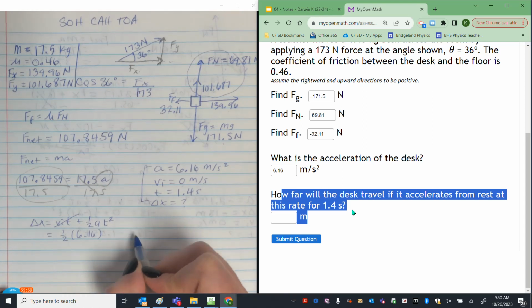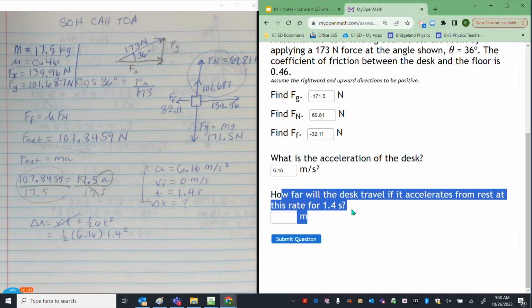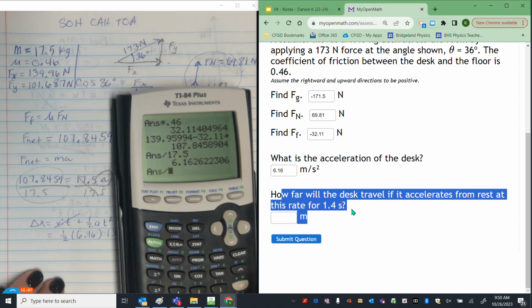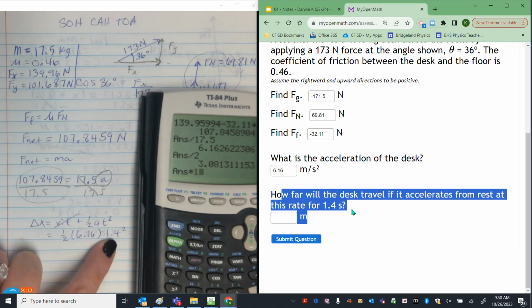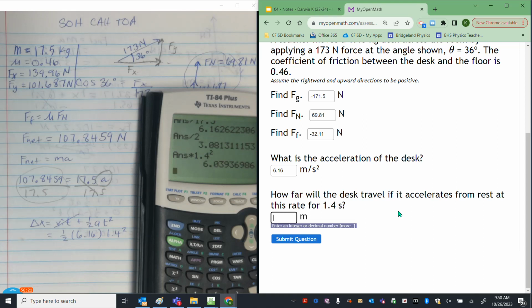That was in the question. So I'm going to take my answer, my 6.16, which I rounded. I'm going to divide it by 2 because I need half of it. And then I'm going to multiply that times my time squared, 1.4 squared. And I get my displacement. It will have traveled 6.04, if I round it correctly, meters.